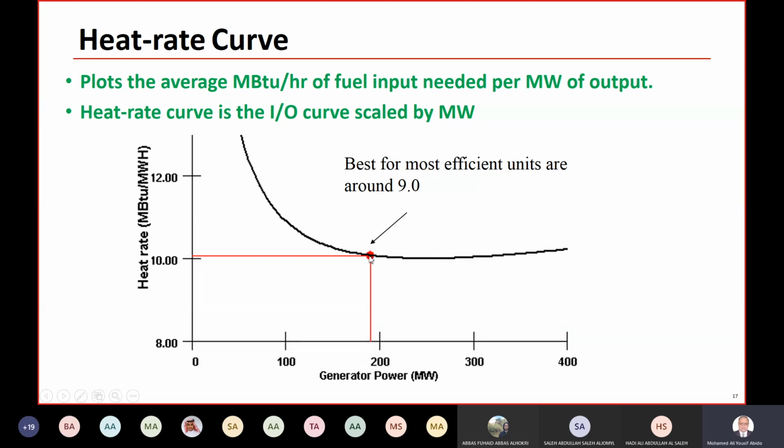And this point, because it is the minimum point, the most efficient units are around 9, not exactly 9, but 10 point something. So if you generate power from the generating unit at about 180 megawatt, this will give you the minimum cost here.